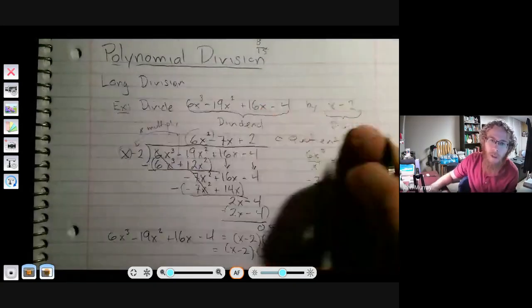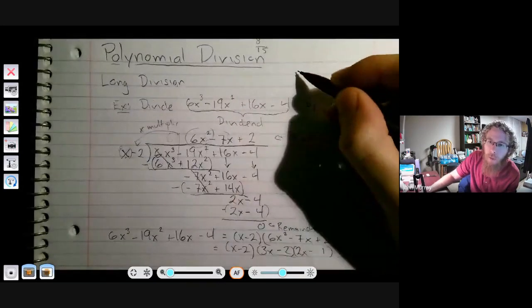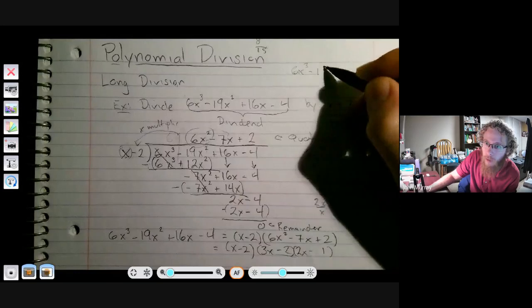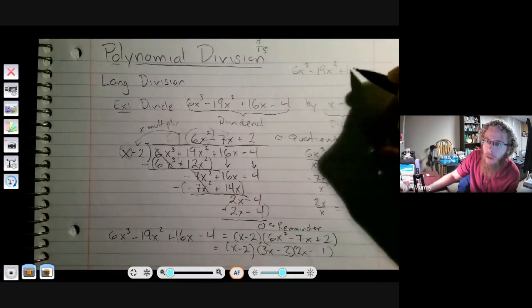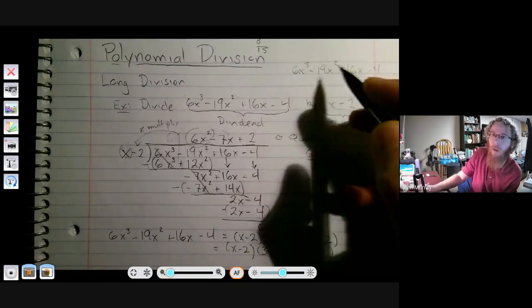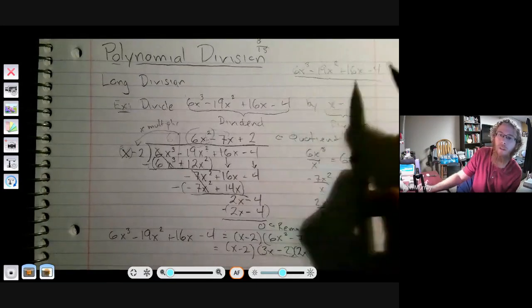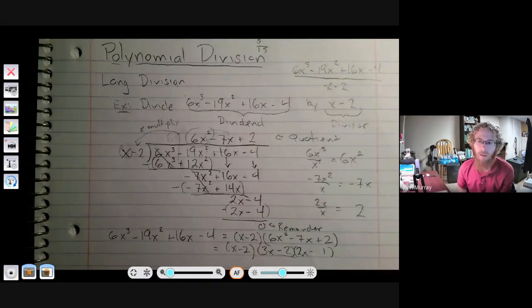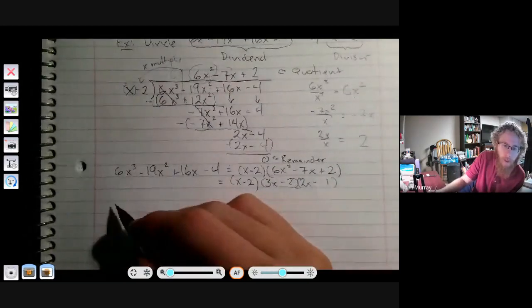Another way you might see this written is as an actual fraction, right? So you might see 6x cubed minus 19x squared plus 16x minus 4 divided by x minus 2. Actually, I'm going to rewrite that down here.